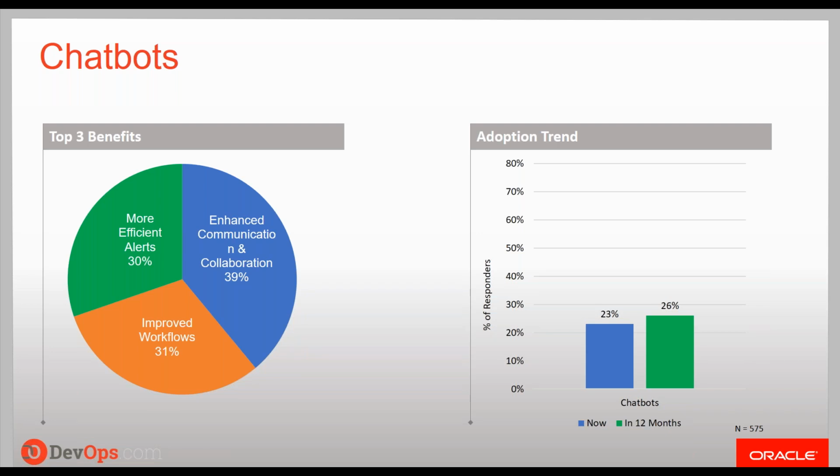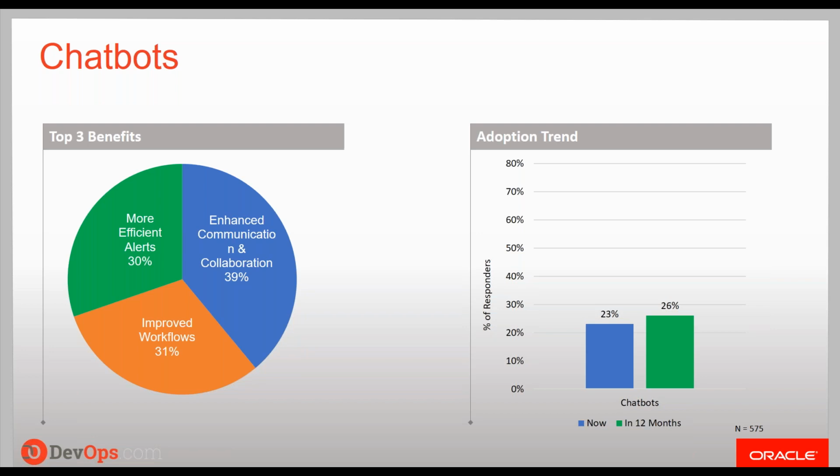But when we look at adoption trends, it's really low: less than a quarter of respondents are using it, and maybe another quarter are looking to adopt it within the next 12 months. Similar benefits: enhanced communication and collaboration, more efficient alerts, I think hands down, but that was actually smaller than improved workflows.